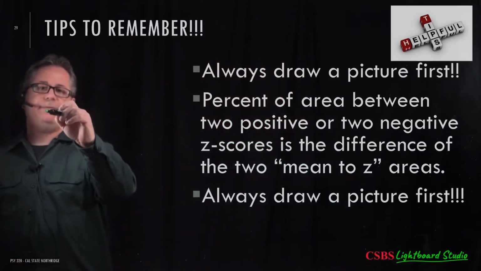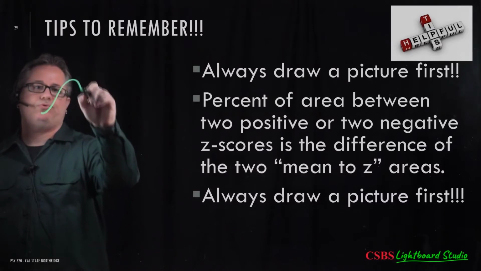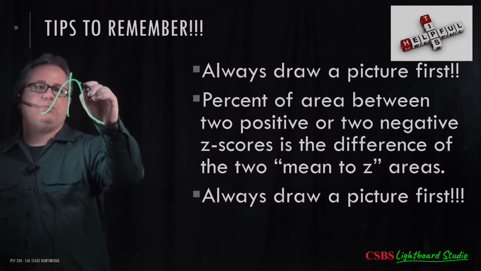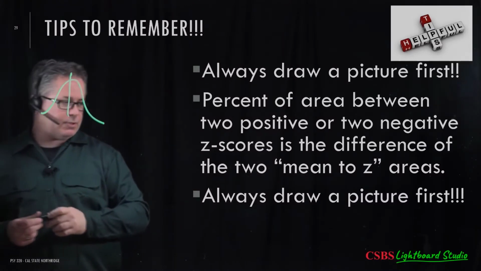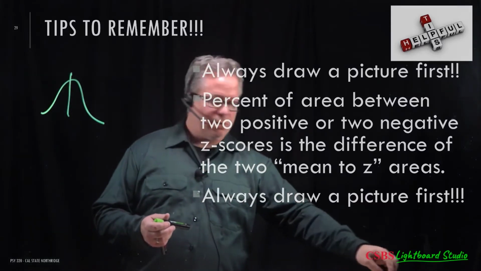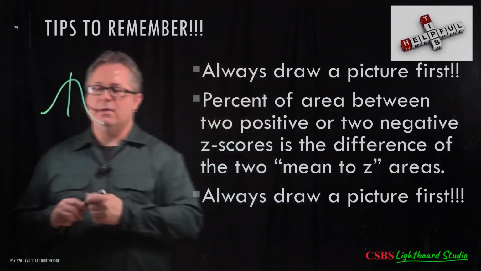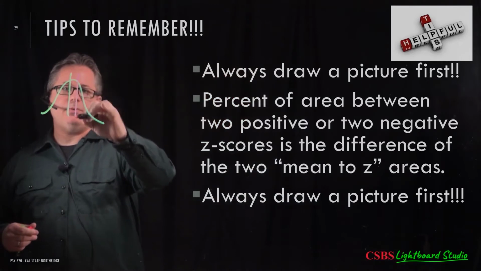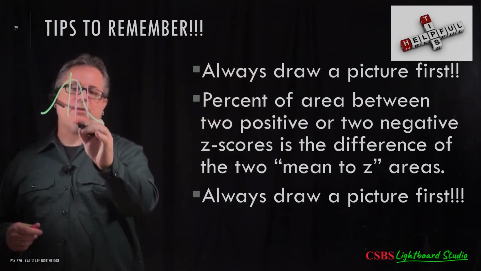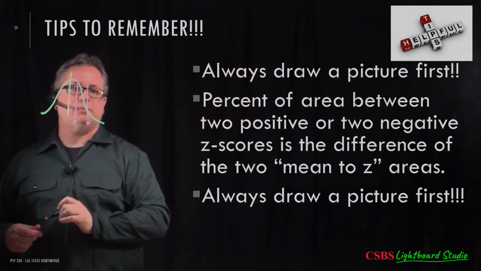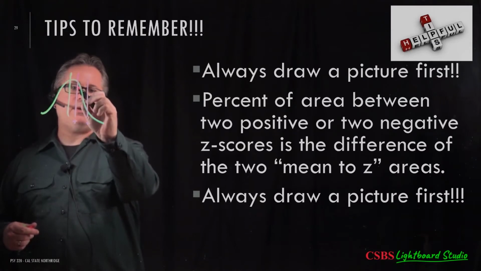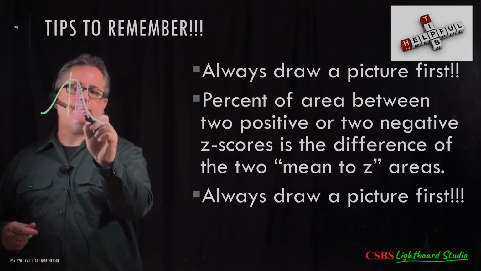If I have a distribution and I have two positive numbers, I'm going to use a different color. I use pink, I guess. I have two positive numbers, whatever they are. This is a positive number, that's a positive number, and I want the area that's in between them.